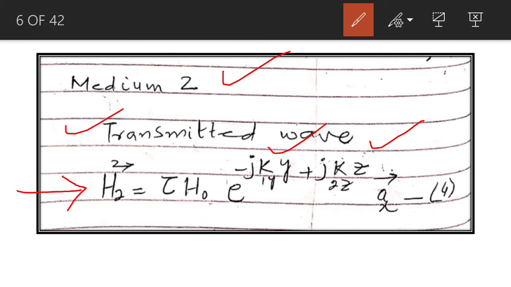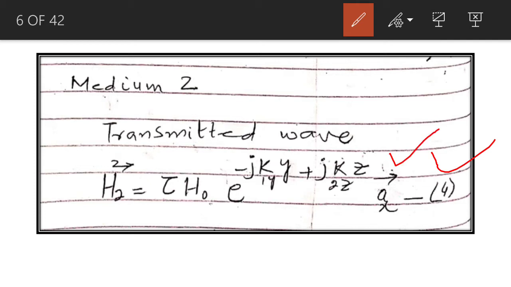Rho is known as the reflection coefficient and tau is known as the transmission coefficient. As this magnetic field intensity is in the direction of the unit vector Ax, it is tangential to the interface. The unit vector Ay and the unit vector Ax will be tangential to the interface, while the unit vector Az is normal to the interface.